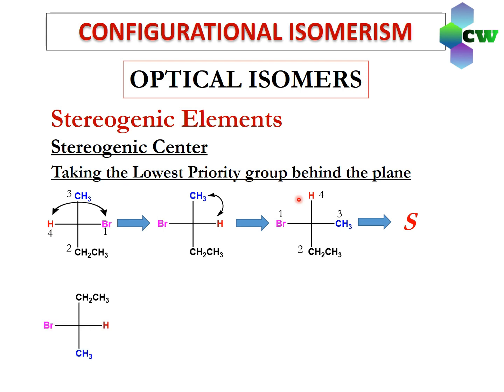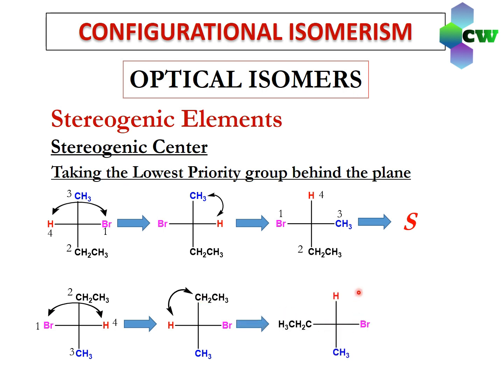For the second Fischer projection, in which H was to the right and Br was to the left, again we want to take this H up here. So first you do an exchange with the Br, as we did in this case. You exchange H with Br, so H goes to the left, Br comes to the right, and then you exchange H with C2H5, and as a result we have this Fischer projection.